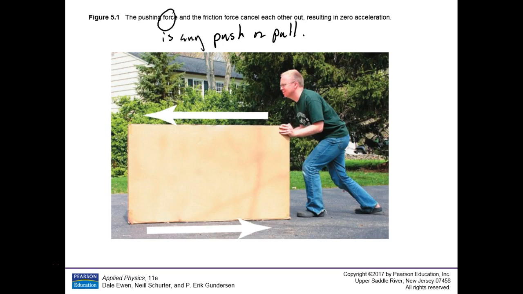Now, they sound like the same words. They are very similar in concept. Here's the only little difference. Distance is how far I move. Just how far. That would be feet, inches, miles, yards, furlongs, whatever. Meters, centimeters, millimeters, whatever. How far you move.